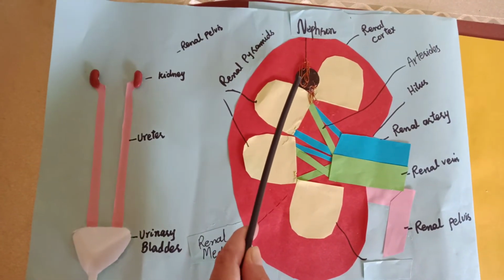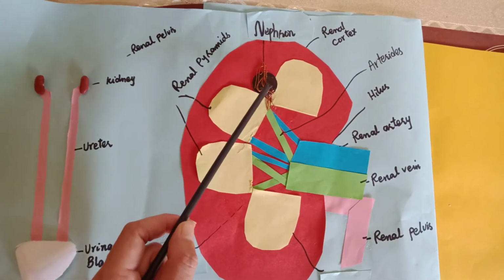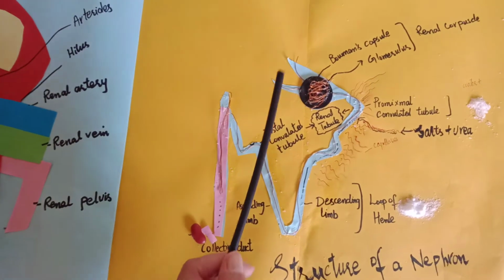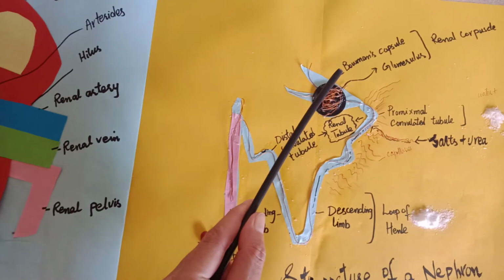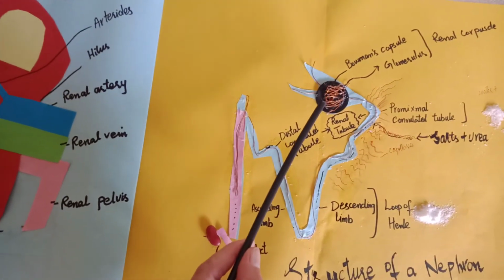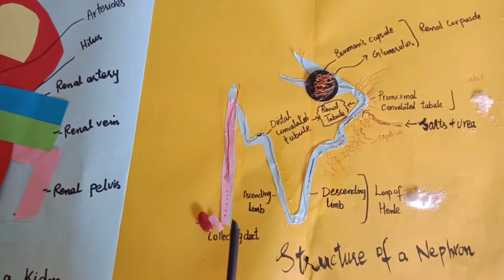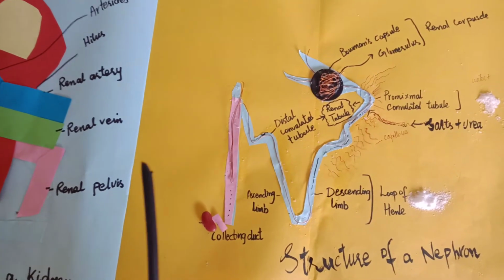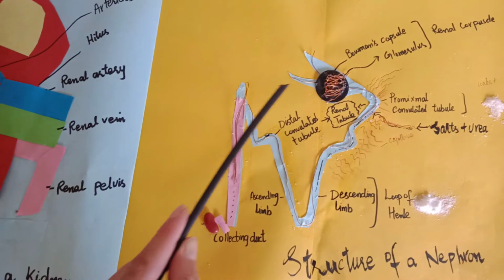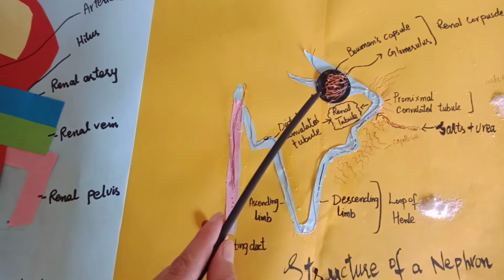These materials enter into the Bowman's capsule. This step is pressure filtration, and the filtered material is called glomerular filtrate.